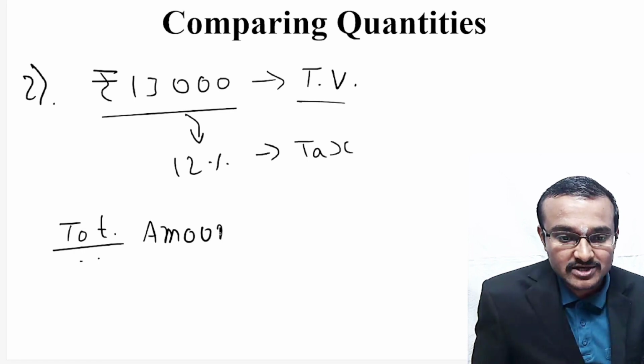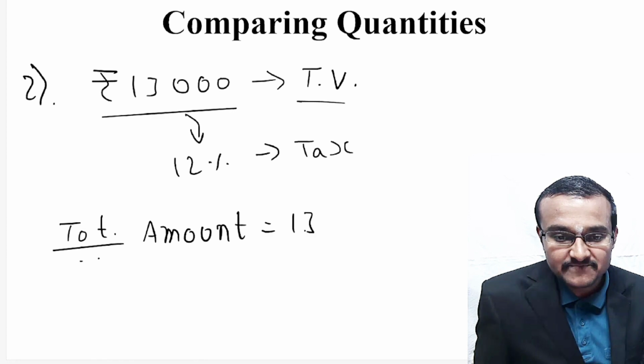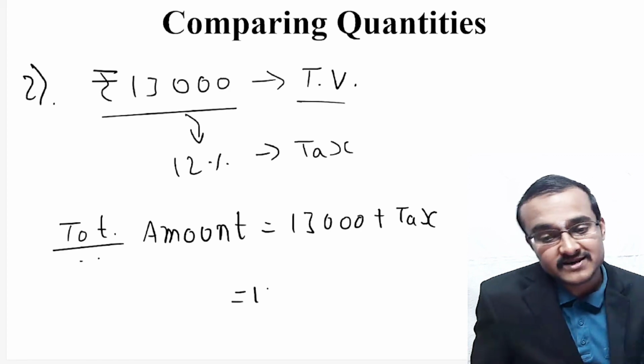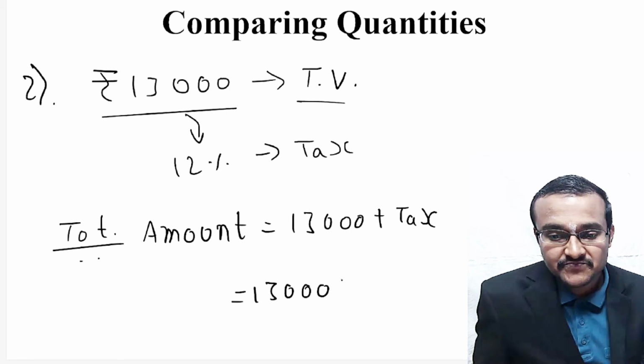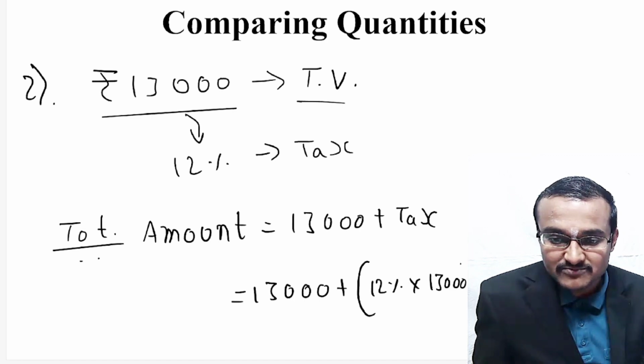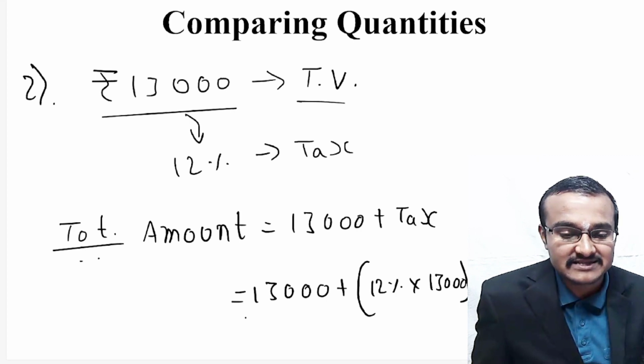To calculate the total amount, you should add 13,000 plus tax. What is tax? Tax is 12% of 13,000. So that will be 13,000 plus 12% of 13,000, that is 12% into 13,000 plus 13,000.